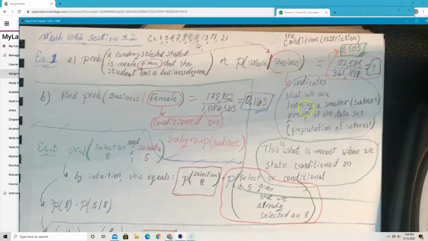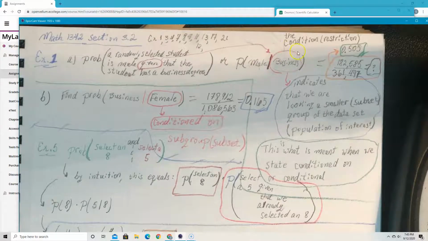So, given that the student has a business degree, that indicates that we're looking at a smaller subset or group of the data set. We're looking at a smaller group than the entire population of interest, which were all those students who had degrees, any kind of degree. So this little vertical line segment here is a symbolic notation for that.